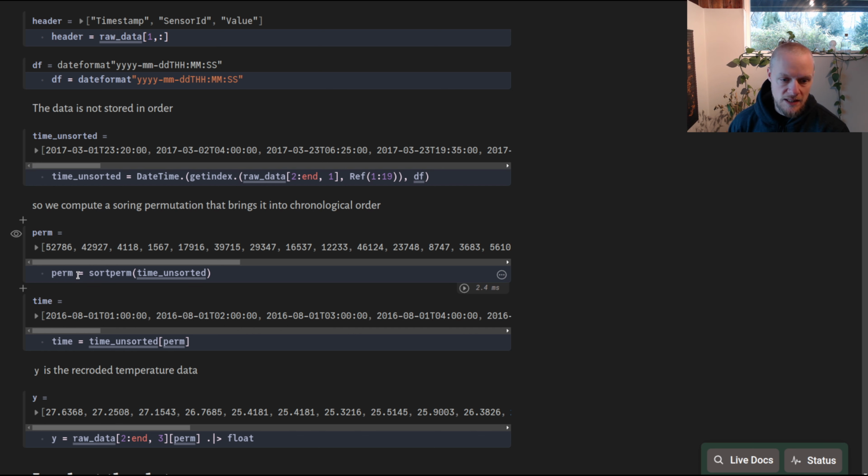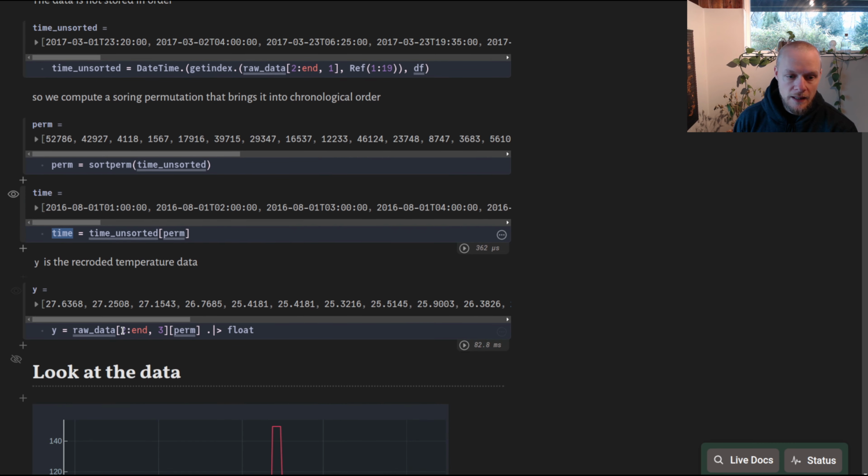And the reason I use this is because I want to use this permutation to sort not only the time vector, but also the temperature vector. So I create a sorted time array, and then I create a sorted temperature array, and I call that Y because that's my measurement. Right, so we have a bunch of measurements and time points available now.